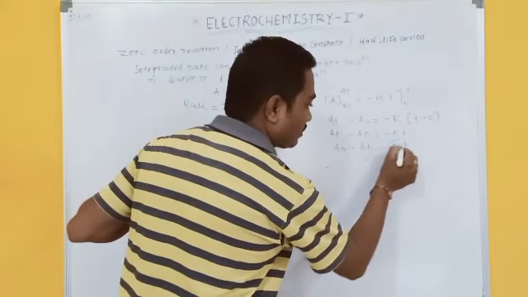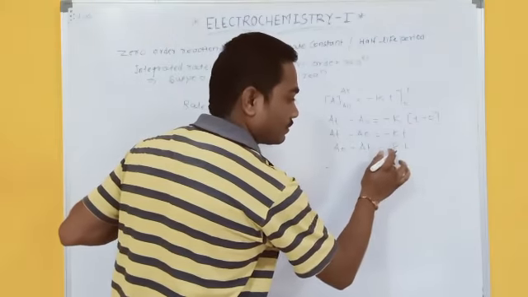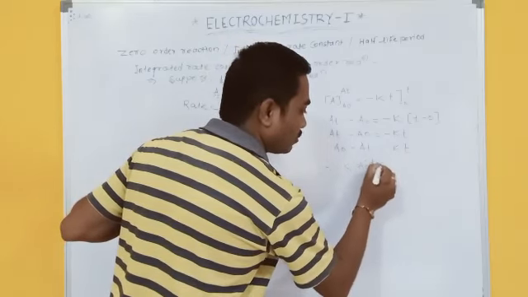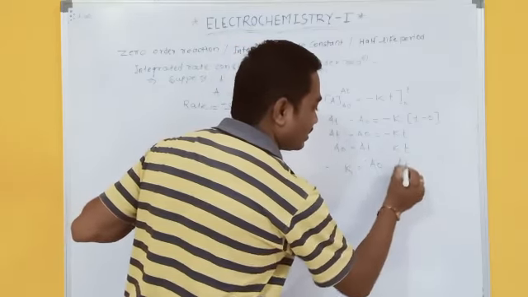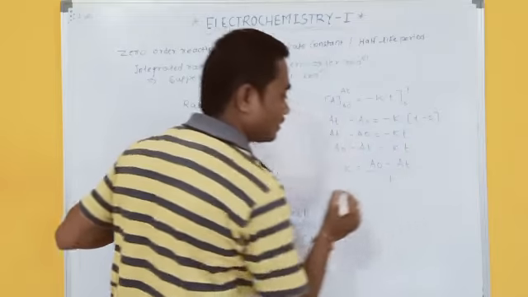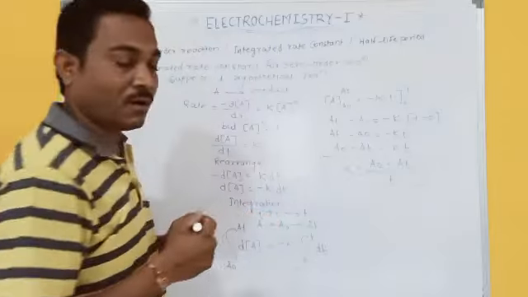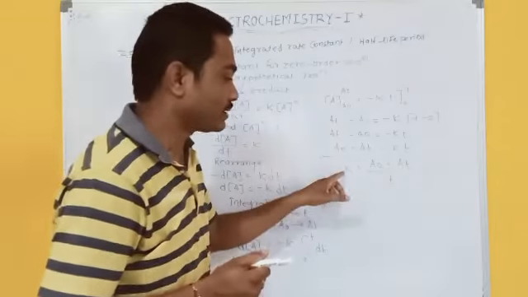We can find out the value of k. K is equal to A0 minus At divided by t. This is the required expression for the rate constant of zero order reaction.